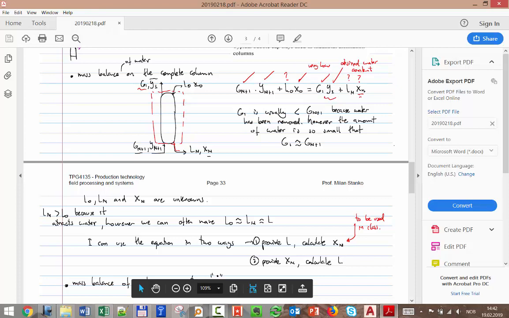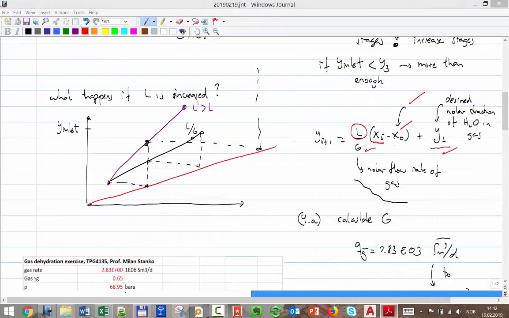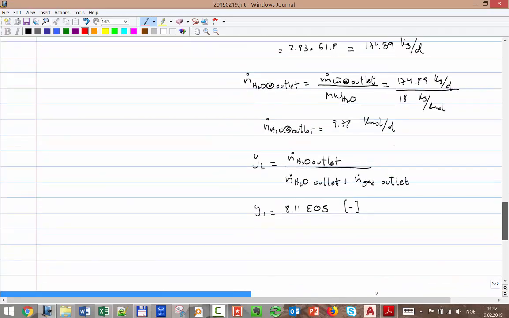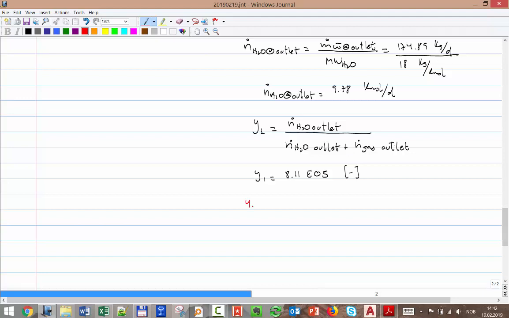So let's do it the first way. Simply I give the rate of TEG. So that will be question 4.4.C.